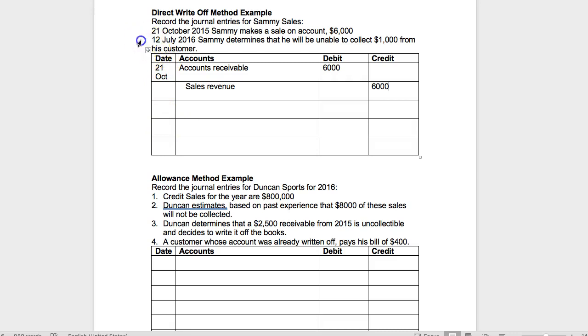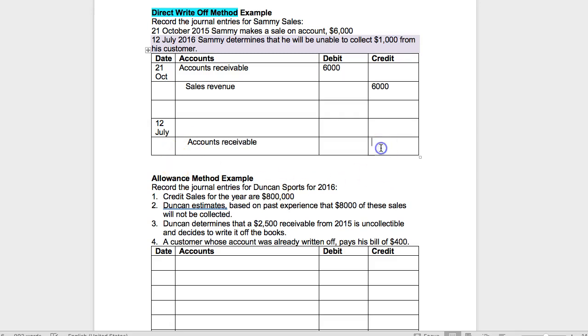Now, on the 12th of July, Sammy determines that he will be unable to collect $1,000 from his customer. Now remember, the method is quite important. This is the direct write-off method. So on the 12th of July, we need to cancel the accounts receivable. So that would be a credit.